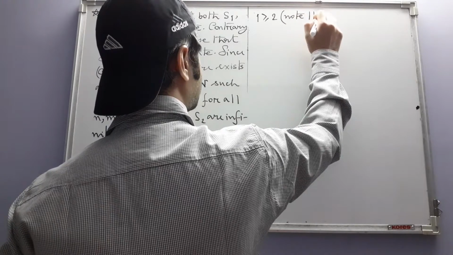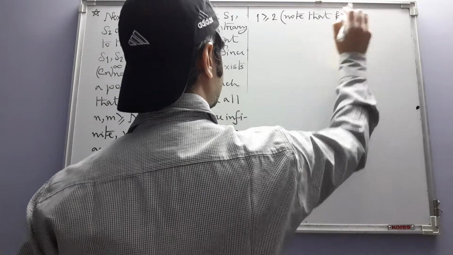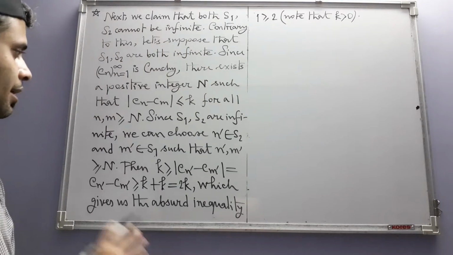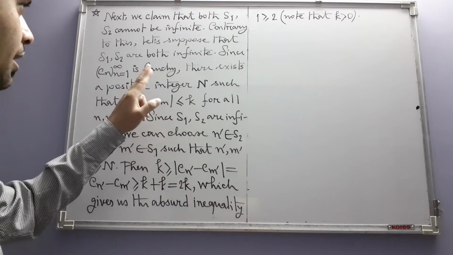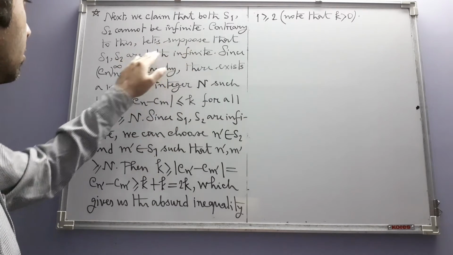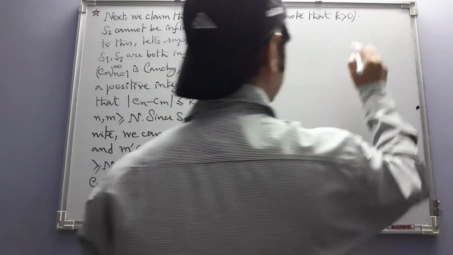Note that k is positive. So that means our supposition that both S1 and S2 are infinite is wrong. It has to be wrong.